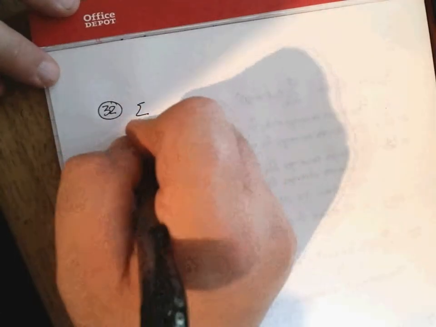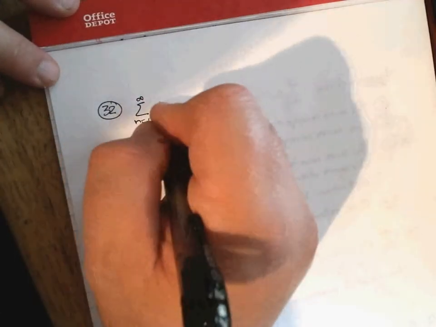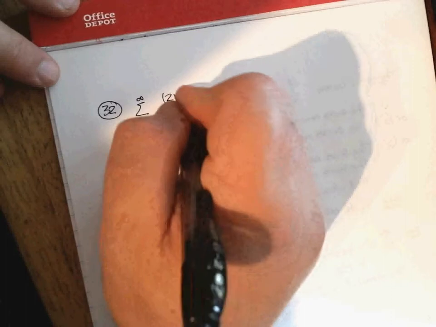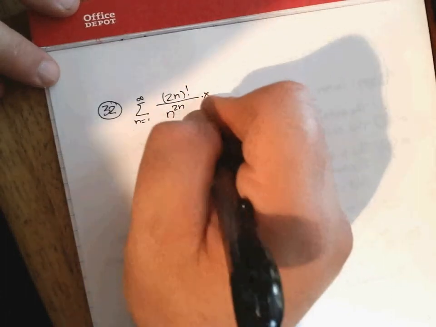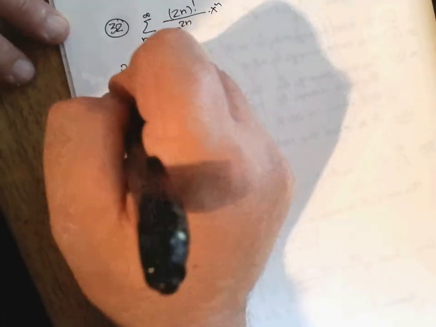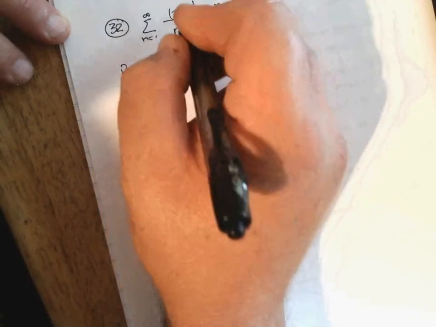All right, just a couple more to get through here. Another one where we practice the cancellations to make sure we understand them well is 32. From 1 to infinity, we have 2n factorial over n to the 2n times x to the n. So the ratio test.